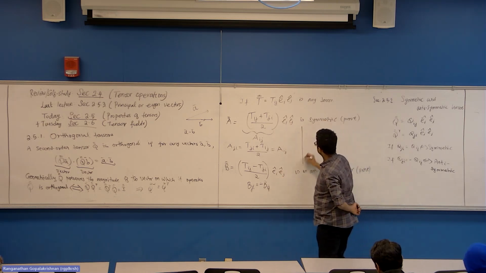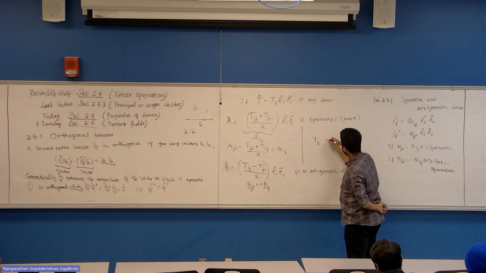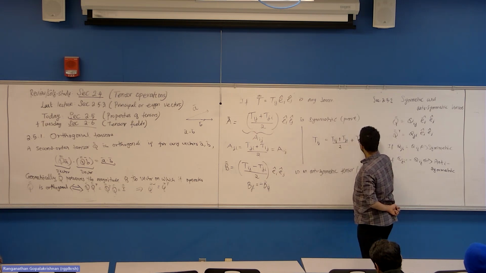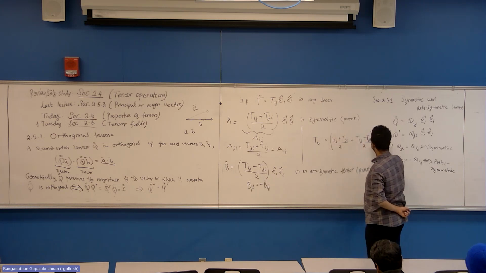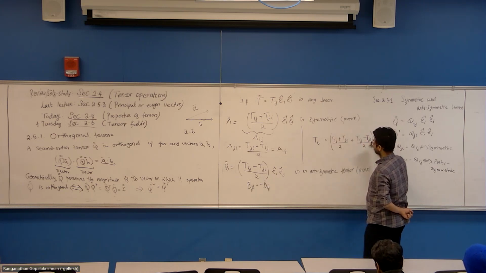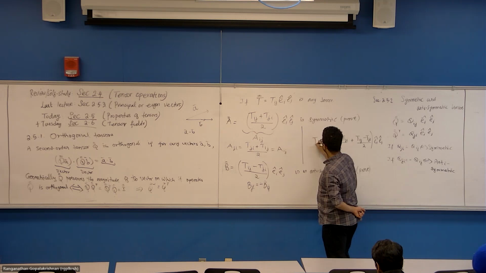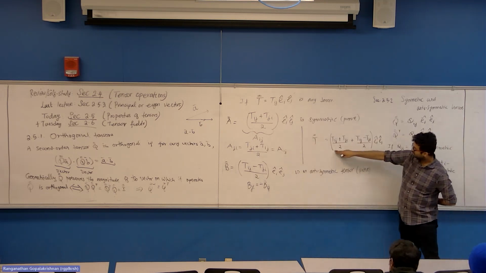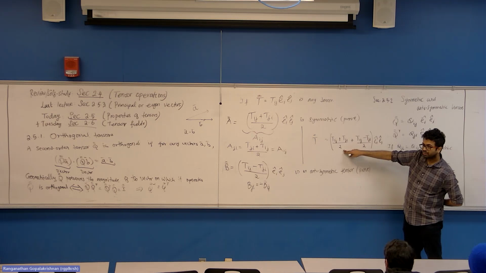So if you take Tij, can I write this as (Tij plus Tji)/2 plus (Tij minus Tji)/2? Can I just take a tensor and write it as first this component plus this component?